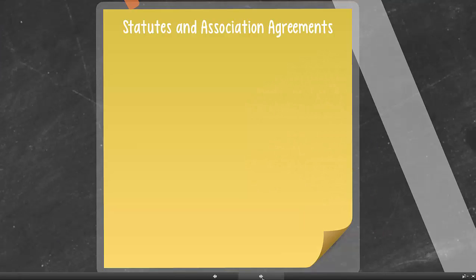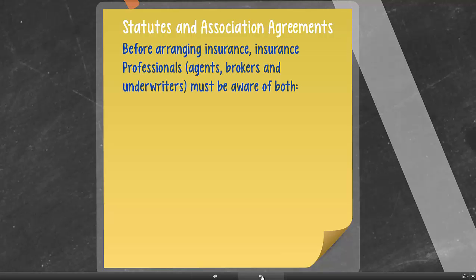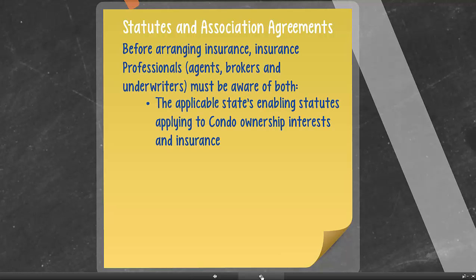The first thing an agent, broker, or underwriter working on a condo association insurance policy, or helping a condo association or unit owner to purchase insurance to protect their property, has to do is look at both the applicable state's enabling statutes applying to the condo ownership interest and insurance, and the condo association agreement.